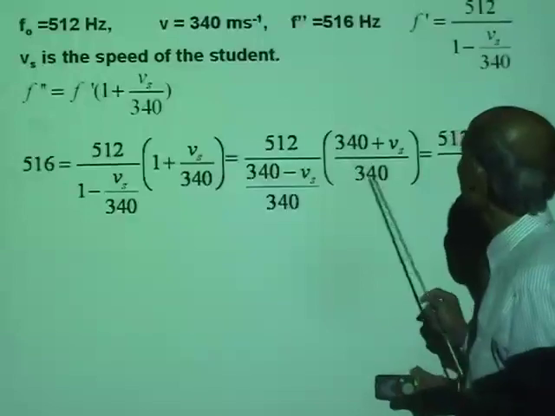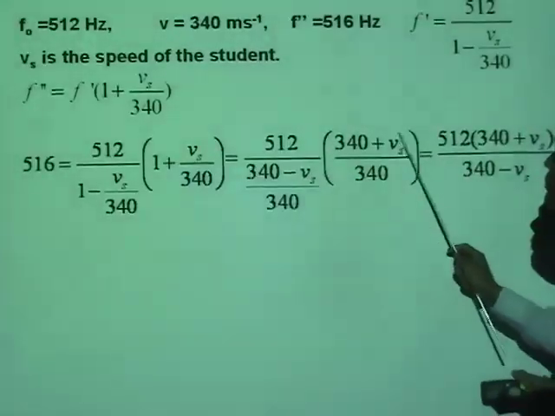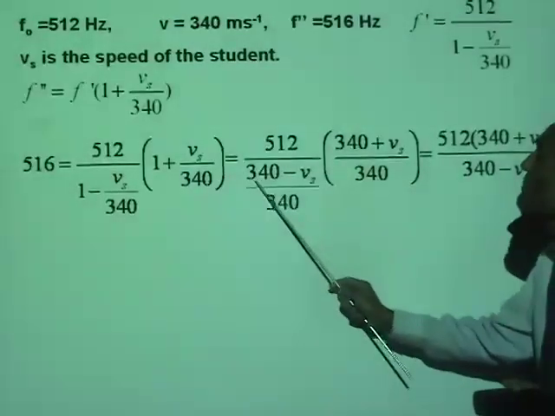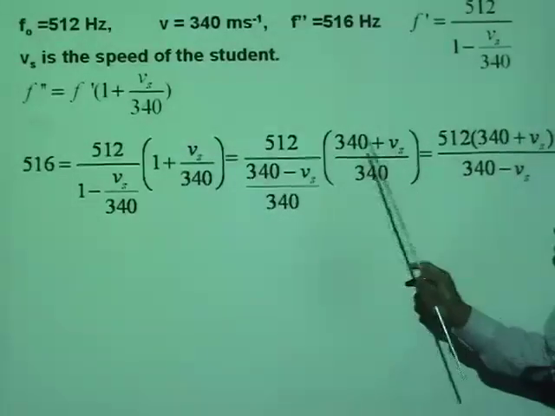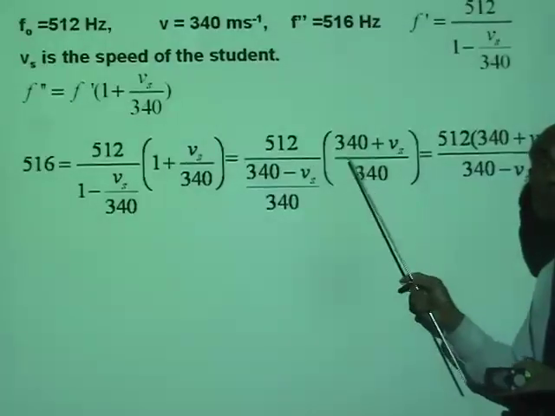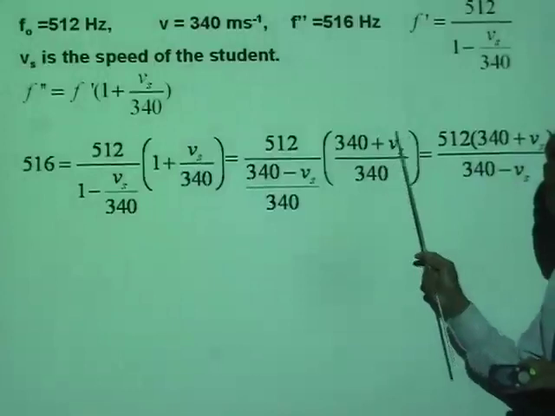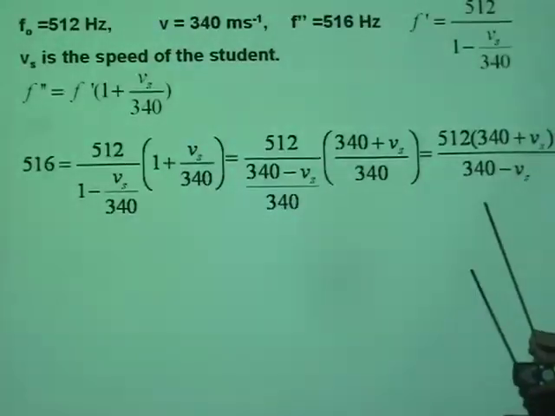So what is left here is 512 times 340 plus Vs on the numerator, and the denominator is 340 minus Vs. I hope you understand that. This 340 will cancel with that 340. So my numerator now is 512 times this quantity, and the denominator is this now.